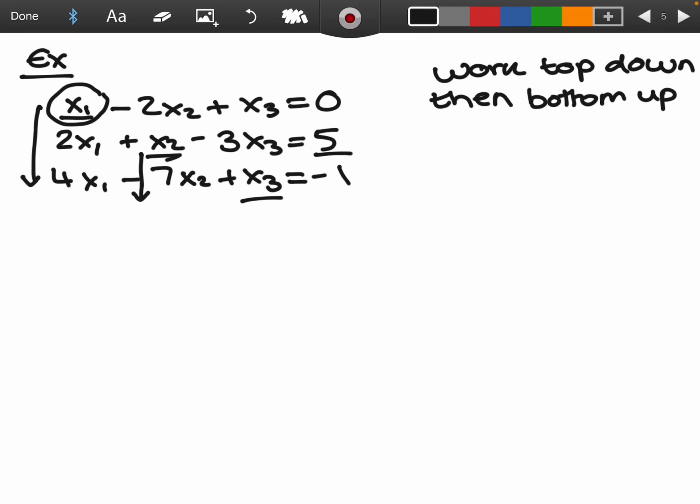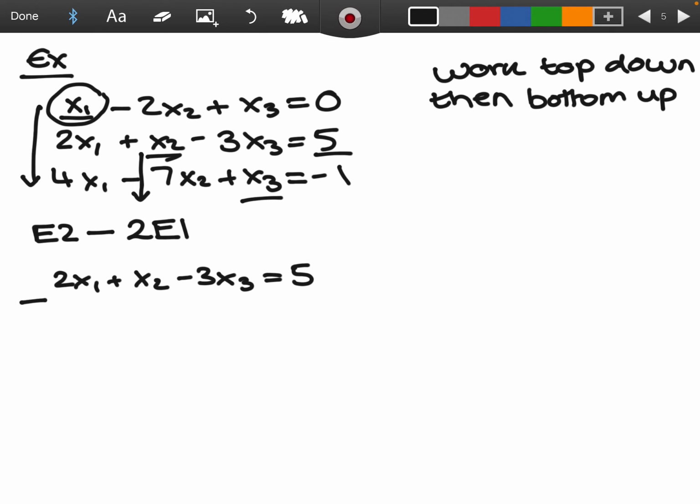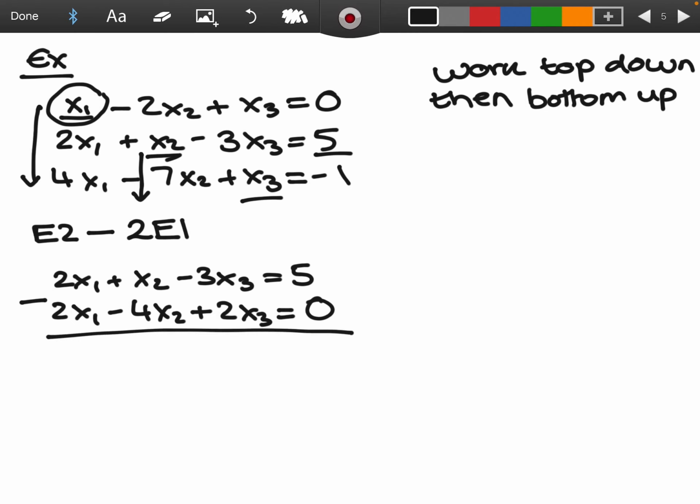So if I take equation 2 and subtract 2 of equation 1, that's going to give me 2x1 plus x2 minus 3x3 is equal to 5, and I'm going to subtract 2x1 minus 4x2 plus 2x3 is equal to 0.